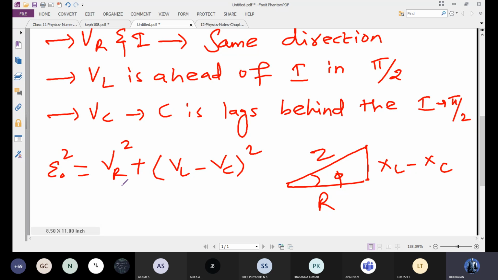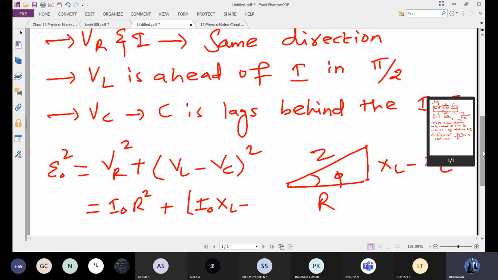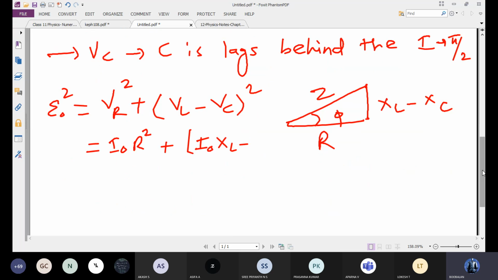I know the VR value, so VR equals I naught R squared. Similarly VL is also I naught XL minus I naught XC, whole square.